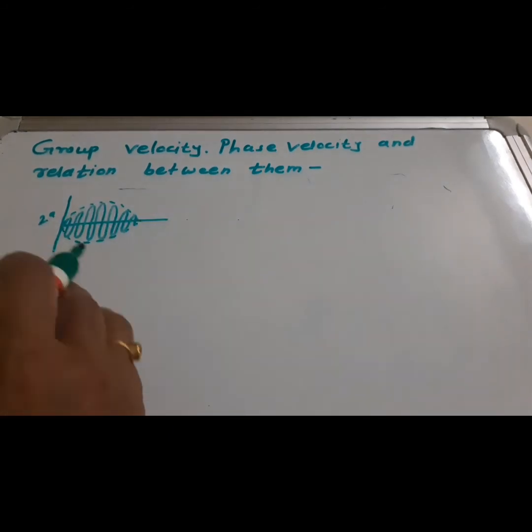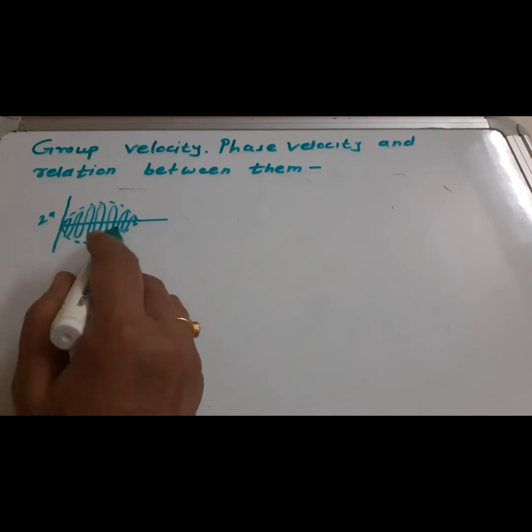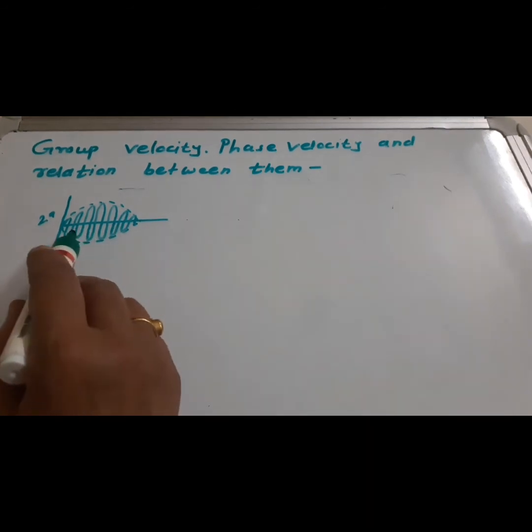Here this is the wave packet. In this wave packet a number of waves travel in the modulated pattern, so we can say a group consists of a number of waves of different frequency superimposed upon each other.